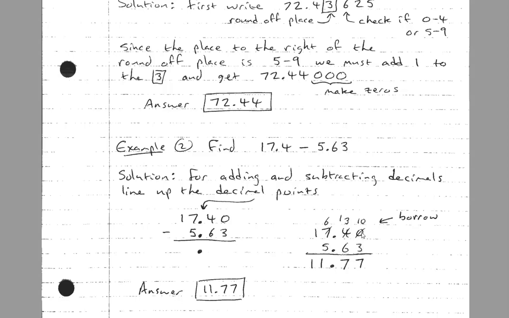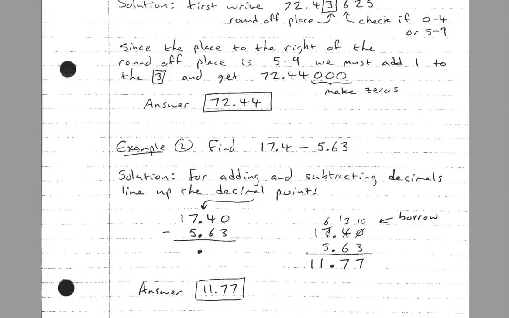Okay, so 3 from 0 doesn't work. I'll borrow a 10, or borrow, yeah, pretend that's 4 tens, so borrow one of those 10s. 3 from 10 is 7. 6 from 3 doesn't work either.